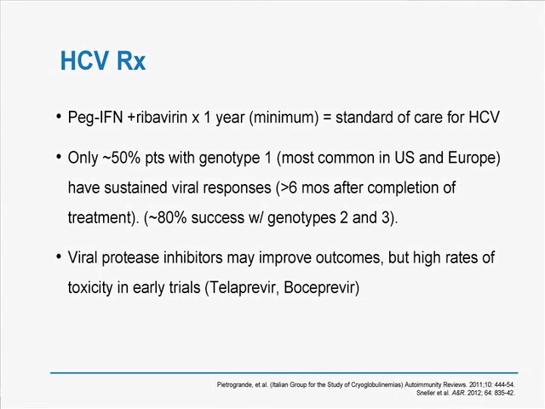There are the new viral protease inhibitors, and these have not been terribly well tolerated, but there are new products related to them that not only don't have to be given parenterally, but can also be given orally, and this is a rapidly evolving story.